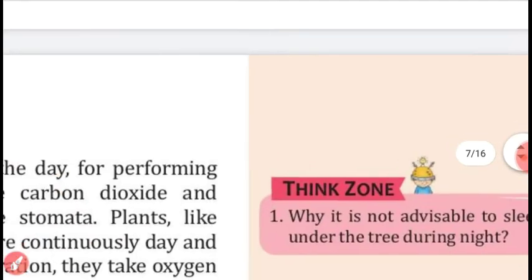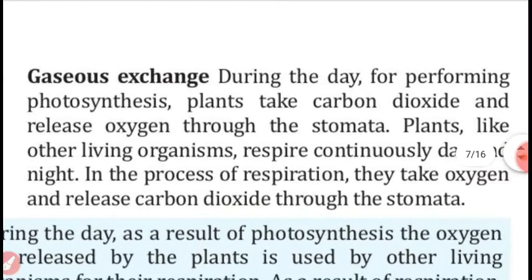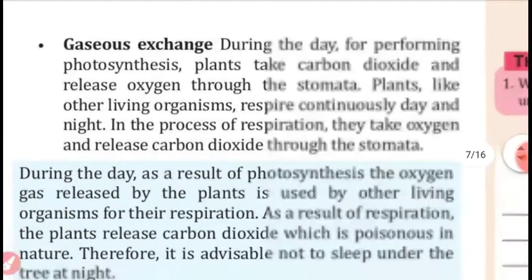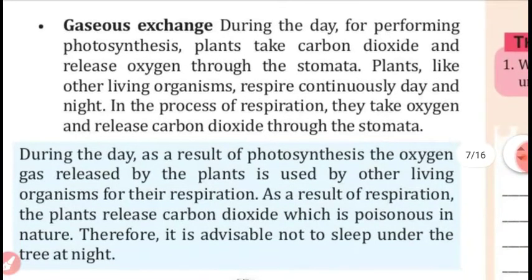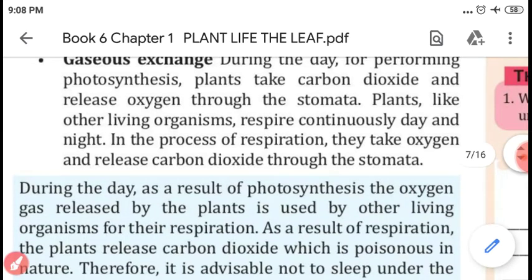Okay students, now the next function is gaseous exchange. Students, during the day, for performing photosynthesis, plants take carbon dioxide and they release oxygen.